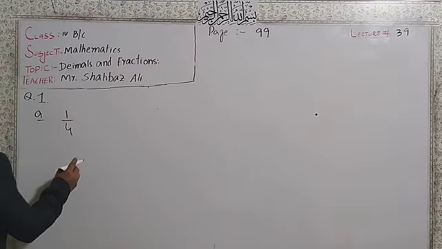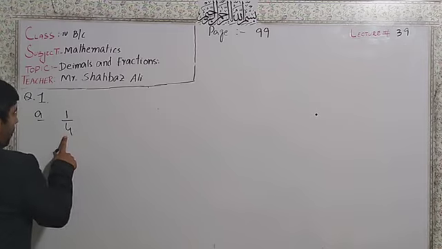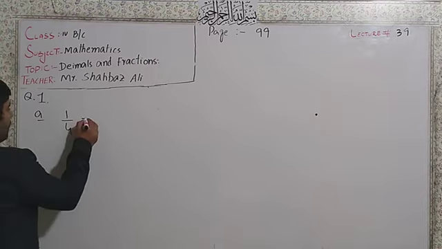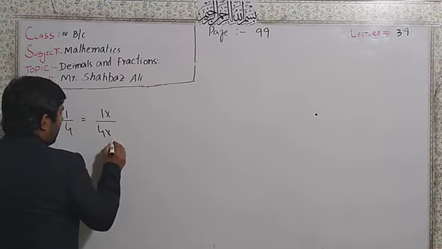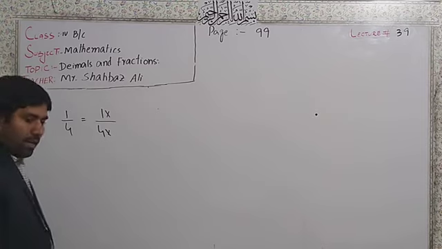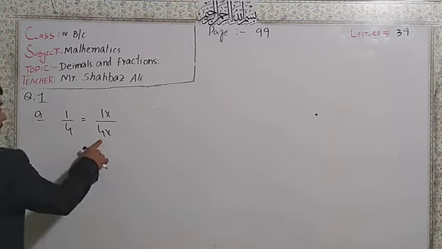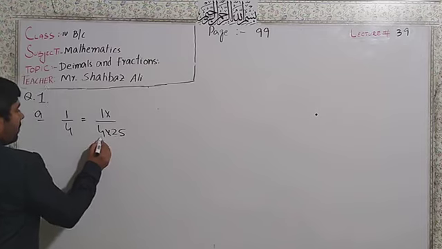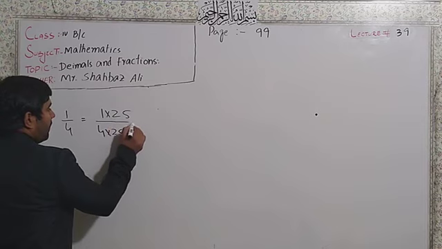The question is given, 1 over 4. So we have to change this denominator into 10 or 100. 4 we cannot change into 10, so we will change this into 100. 4 multiplied by what will be 100? 25 fours are 100, and also multiply 25 here.